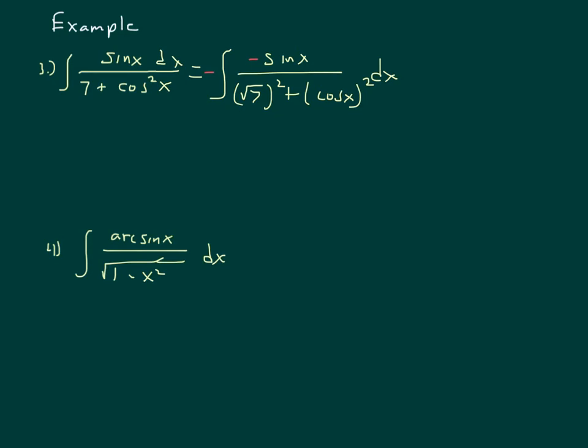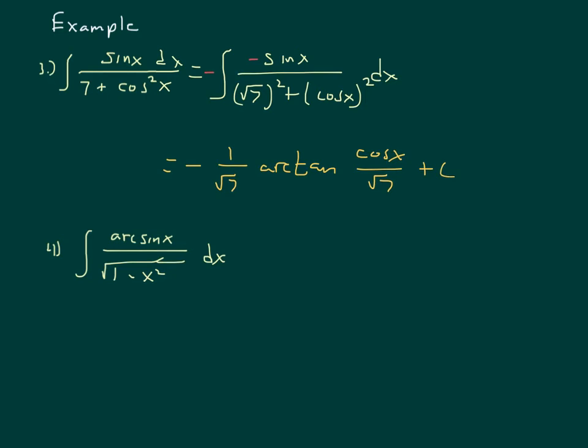So now we do have the inverse tangent, and I can apply that formula. I know that this is then going to equal the opposite of 1 over a, which is 1 over the square root of 7, times the arctan of cosine of x over the square root of 7, plus c.